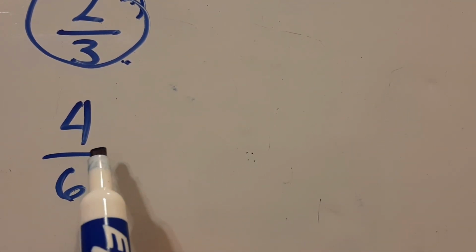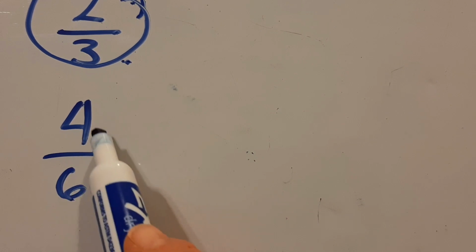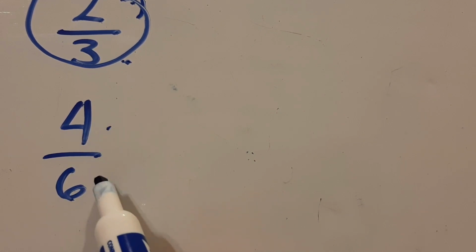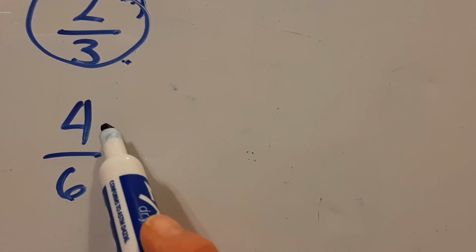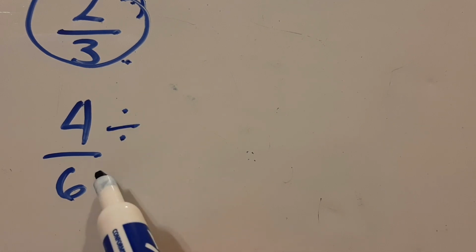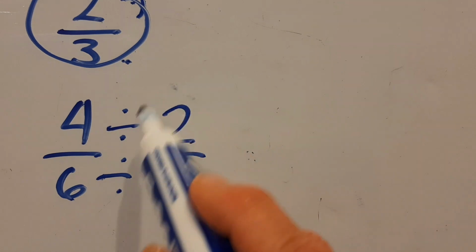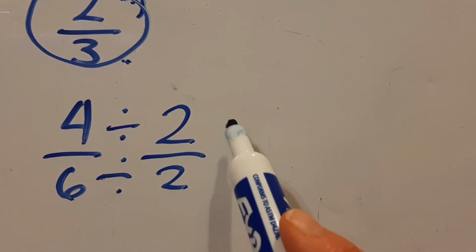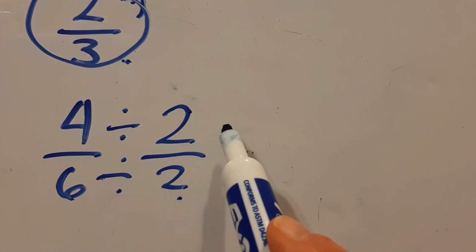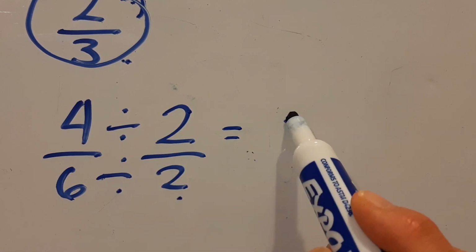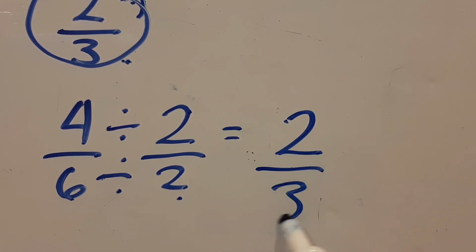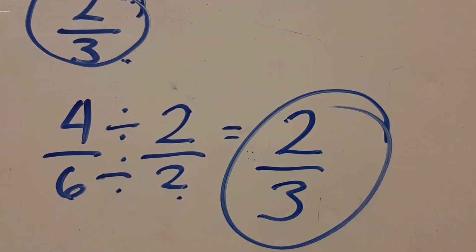Now 4/6 is not in simplest form because you can divide the numerator 4 and the denominator 6 by 2. So if you divided both of those by 2, which actually 2/2 is 1, that's why we can do it at the top and the bottom, same number, you're going to get 2/3. Now that is in simplest form.